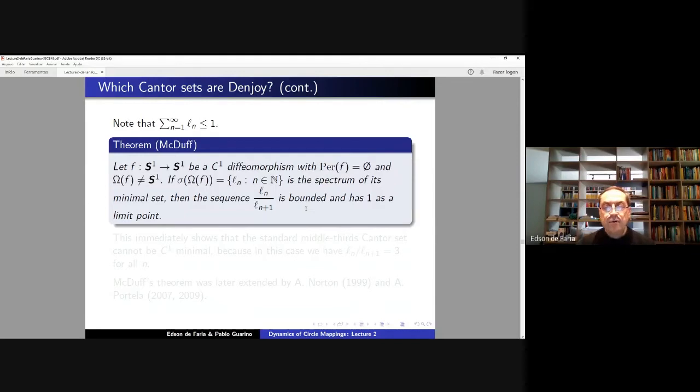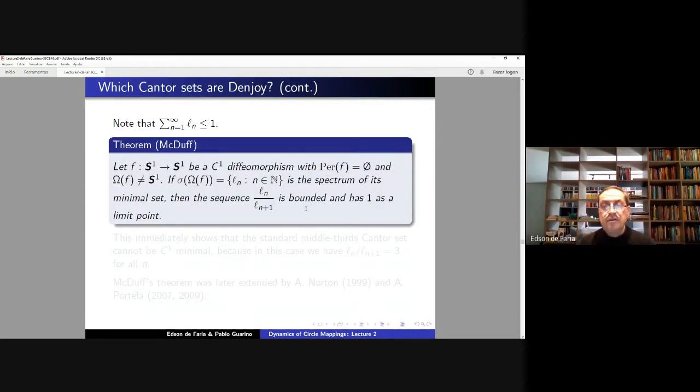Of course, the sequence is a sequence of numbers always greater than 1. So what this is saying is equivalent to saying that the infimum over all n of L n divided by L n plus 1 is equal to 1.